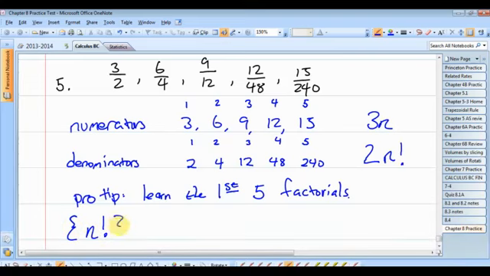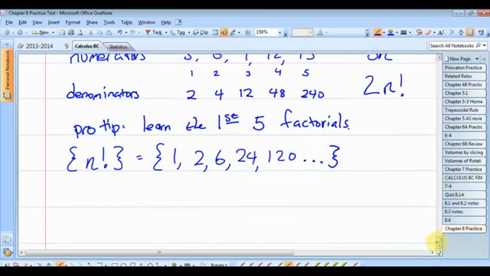The formula for the answer is 3n over 2n factorial.